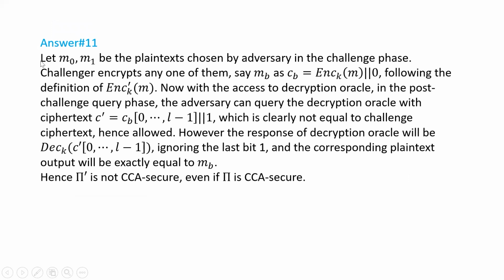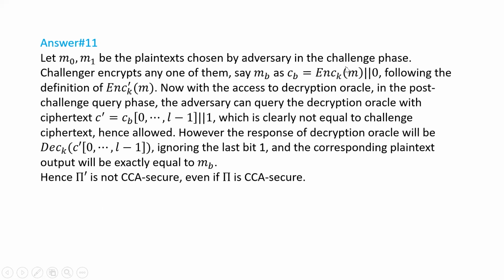So here, let M0 and M1 be the plaintexts chosen by the adversary in the challenge phase. So the challenge phase plaintexts are chosen by the adversary itself. Let's say they are M0, M1. Then the challenger encrypts any one of them, say MB, as CB equal to Enc-K of MB concatenated with 0.